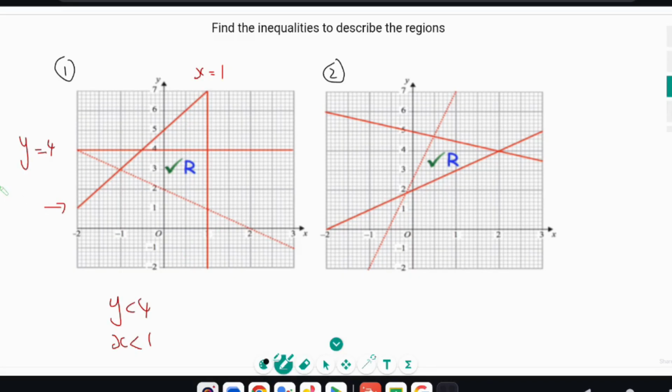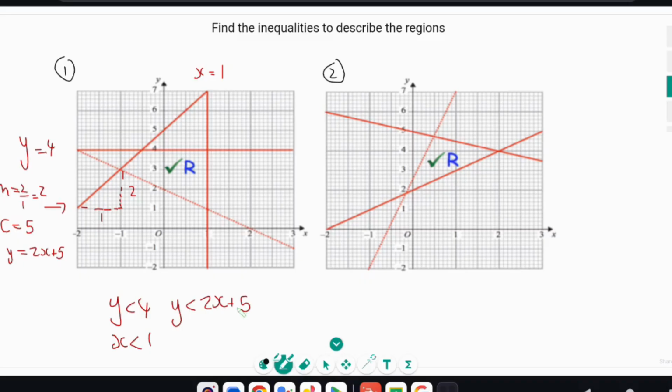So here, our gradient, 2, 1. 2 divided by 1 is 2. Our y-intercept, 5. Equation, y equals 2x plus 5. Shading is underneath, so y is less than 2x plus 5.